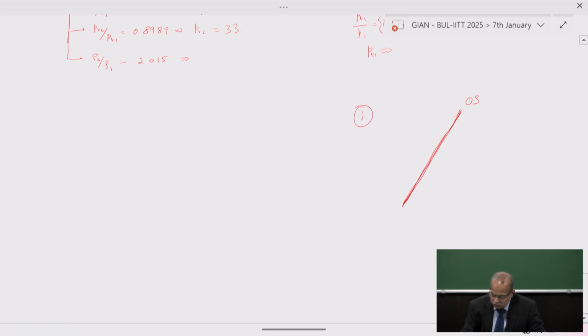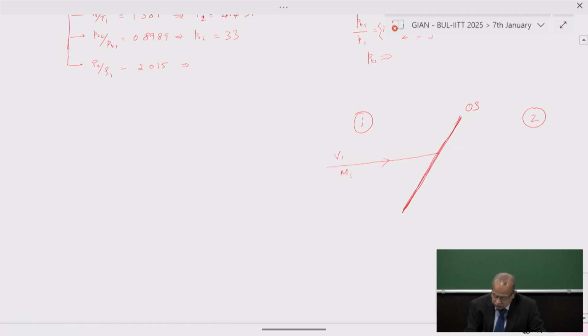Here is the state before the oblique shock. Here is the state after the oblique shock. Now the flow is encountering this oblique shock with a velocity V1 or M1. Now this will have two components: one is the horizontal component and the normal component. And here it is M1n, and here it is M2n. We resolve it to get the property variation across.